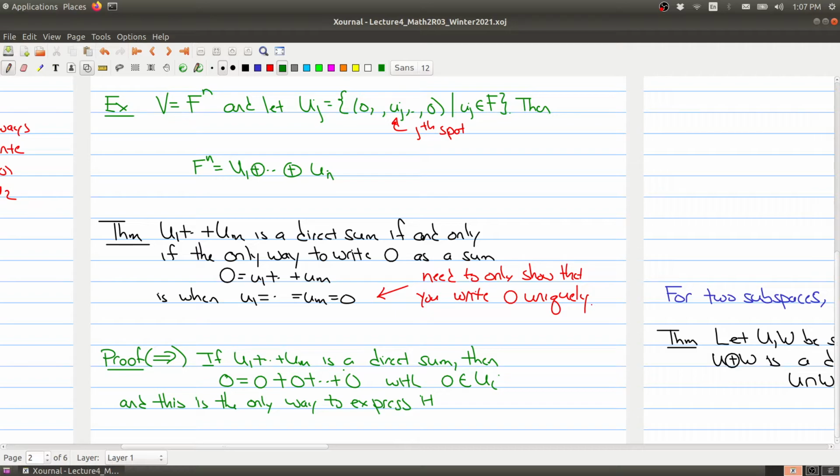So 0 can be written as a sum of elements, each element coming from our ui, and this is the only way we can do it. So going from a direct sum to this direction is quite straightforward.